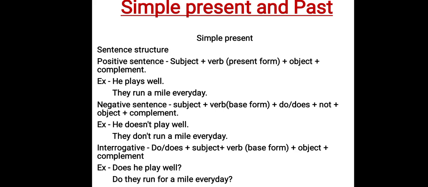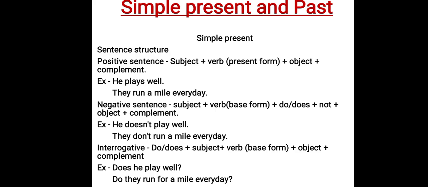Similarly, in the positive sentences, in the affirmative sentences also, we use the s form of the verb with third person singular, and the rest will take the other form without s. Interrogative sentence starts with, as you know, the auxiliary verb, helping verb, or the WH question word, WH pronoun.